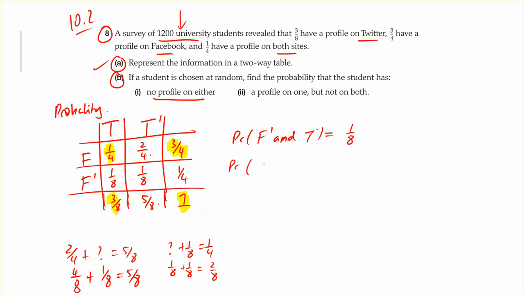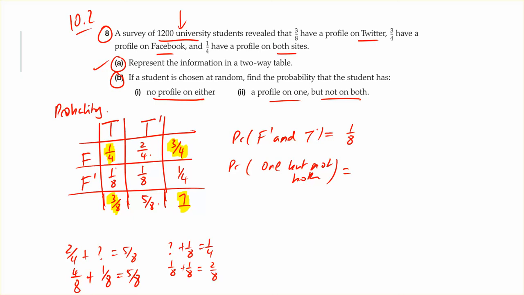Find the probability that a student has a profile on one but not both. We know that 1/8 has a profile on Twitter alone. 2/4 have a profile on Facebook but not Twitter. 1/8 has a profile on neither, and 1/4 have a profile on both.